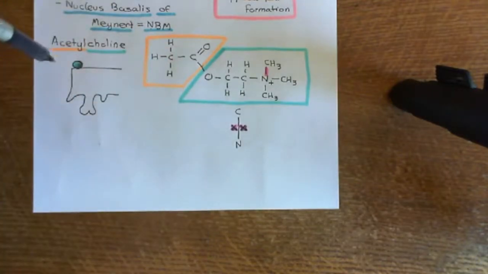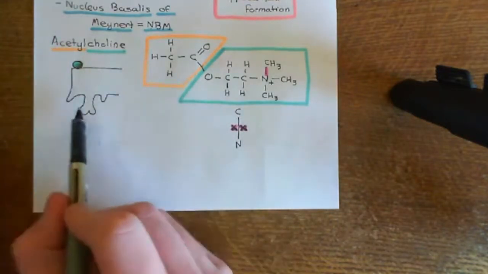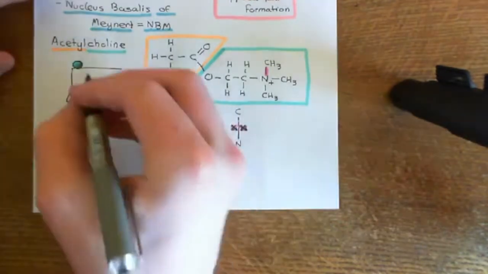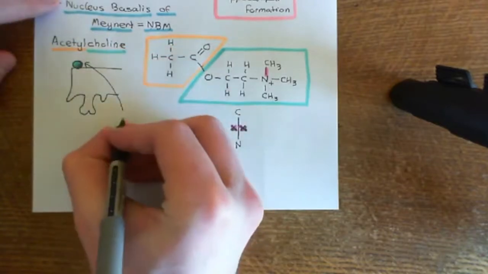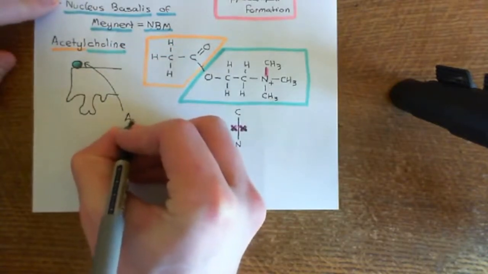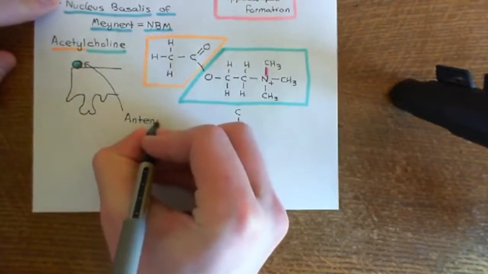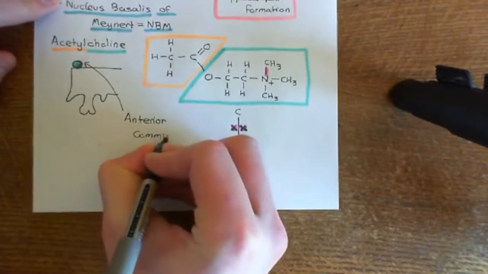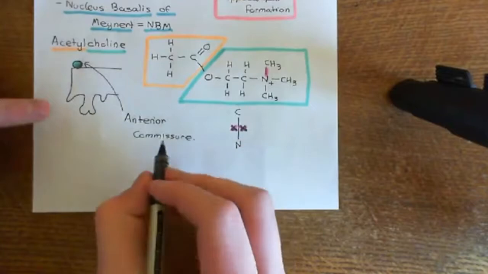It moves over the top of the hypothalamus, and it travels from one temporal lobe, the left temporal lobe here, to the right temporal lobe on the other side. So what is this special bundle of fibers above the hypothalamus? It's what's known as the anterior commissure. This is a good landmark for understanding where the nucleus basalis of Meynert is.